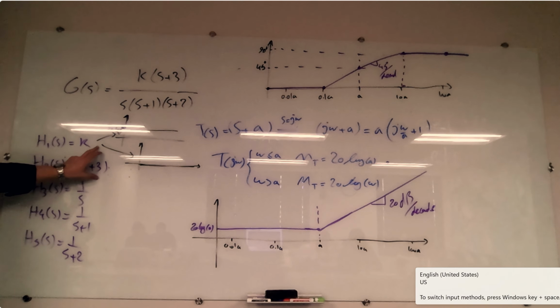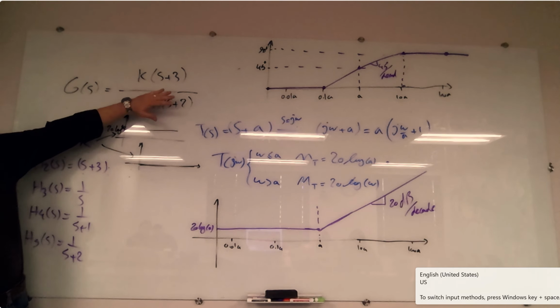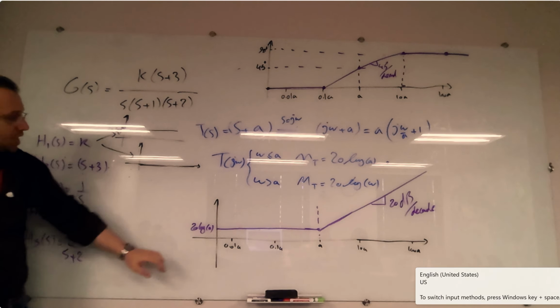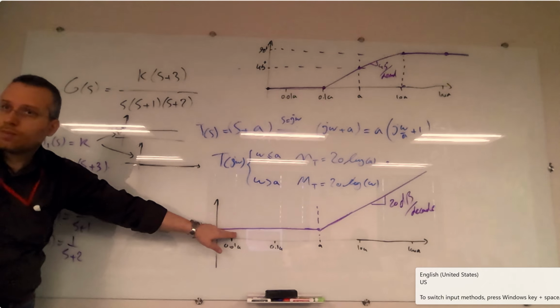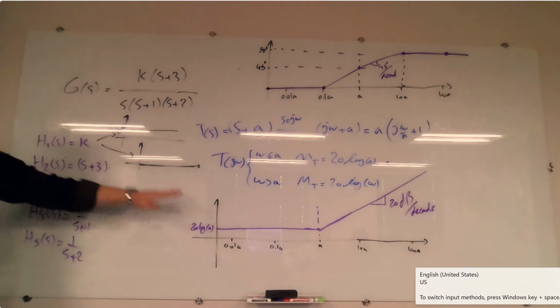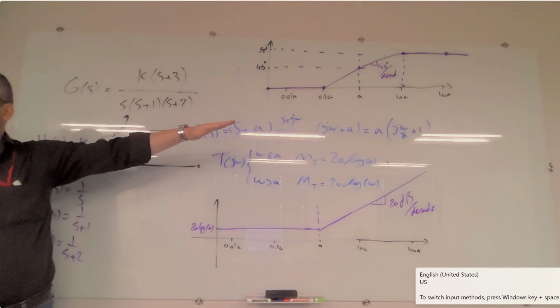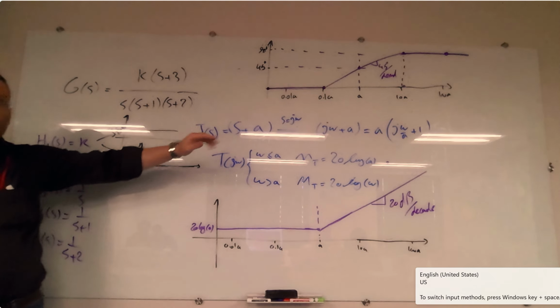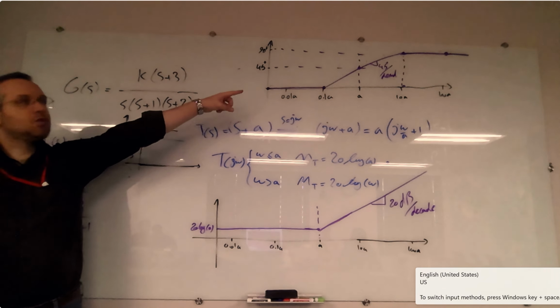So far, if we didn't have these poles, the general transfer function plot would be simply, for the magnitude, this one plus this one. It's a constant number, meaning it would just shift the whole plot by 20 log of k, and the phase is 0, so the phase would still be the same.